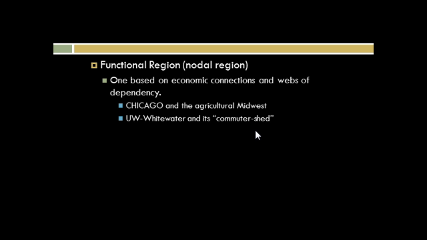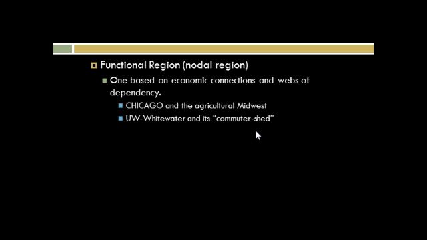Well, imagine if for each one of those individuals who comes to UW-Whitewater nearly every day, especially weekdays, we put a dot on the map. And then once we had all those dots on the map, we drew a line around that region, identifying basically what we would call UW-Whitewater's commuter shed. That then would as well be an excellent example of a functional region.